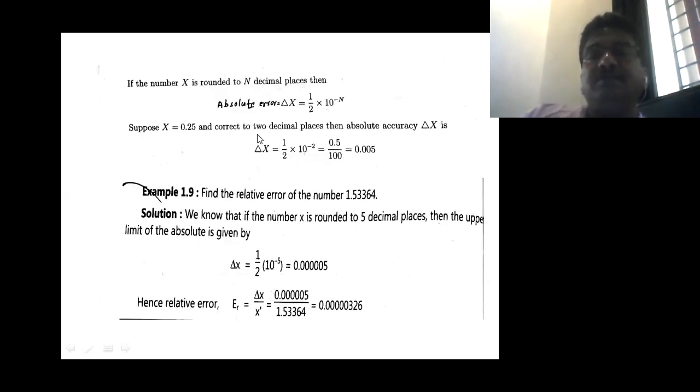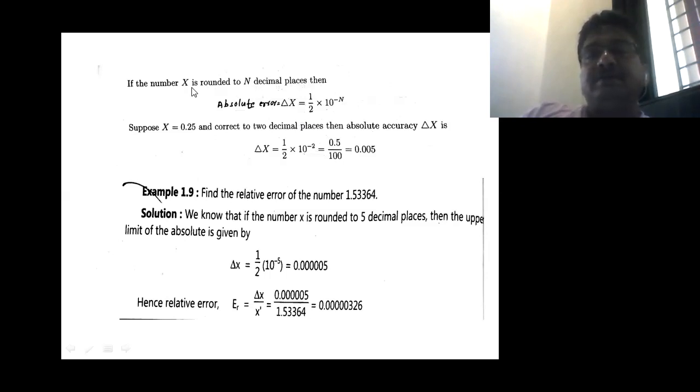Next is the formula. If the number x is rounded to n decimal places, then absolute error is what? Denoted by delta x. Actually this is the upper limit of absolute error and is 1/2 into 10 raised to minus n. This is the formula. 1/2 means 0.5 and into 10 raised to minus n. What is n?